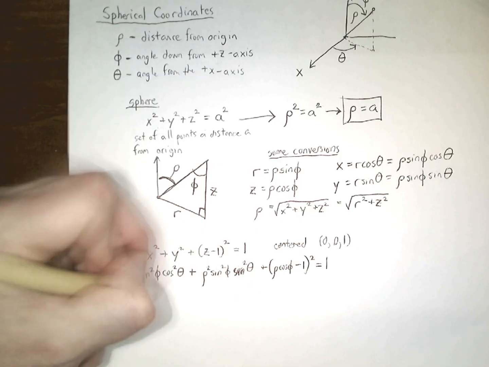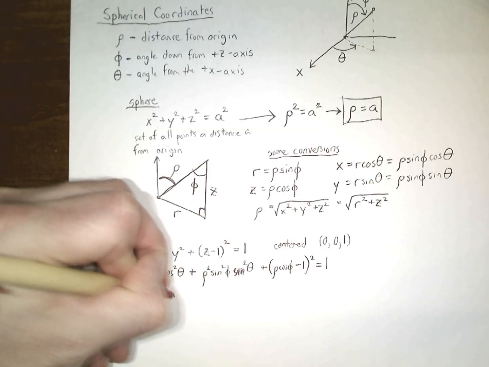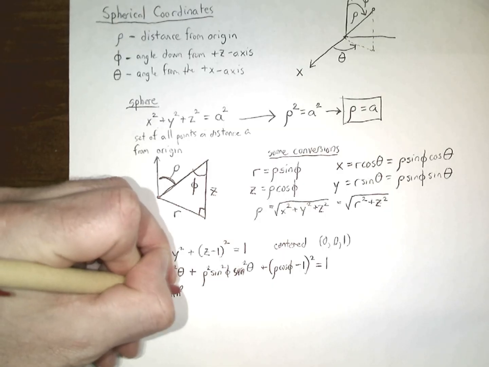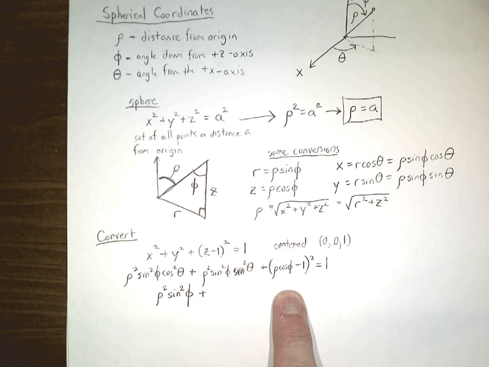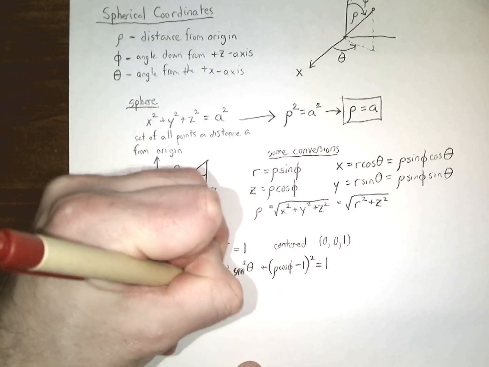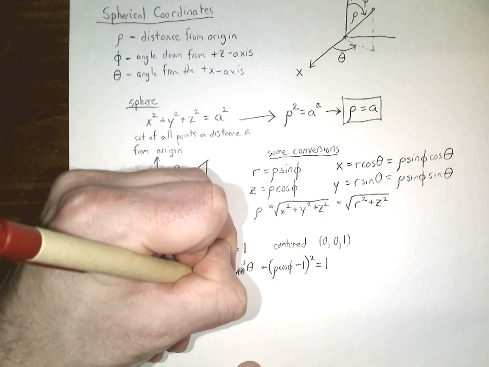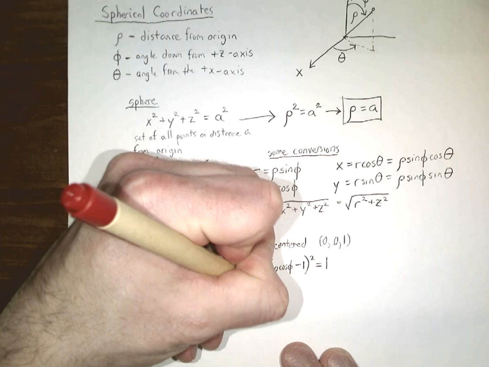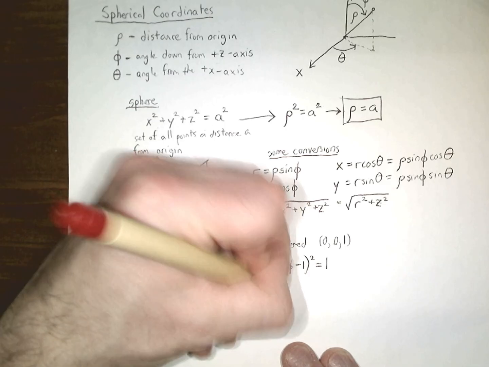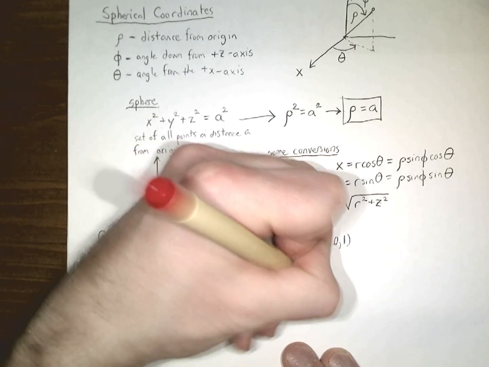So this whole mess simplifies to rho squared sine squared phi plus, we can FOIL out this expression over here, we're going to get rho squared cosine squared phi minus 2 rho cosine phi plus 1 equals 1.